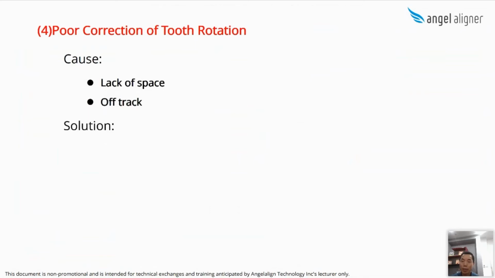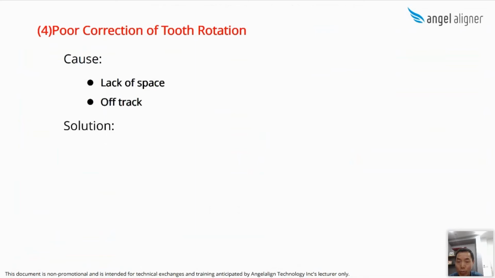In the ISO software design stage, ask the technician to make sure that there are open contacts, that means no collisions between the mesial and distal of any rotated tooth, to allow the rotation to correct freely.